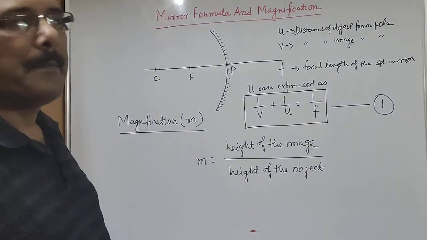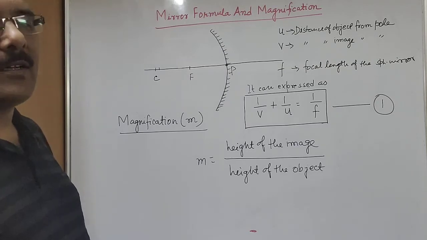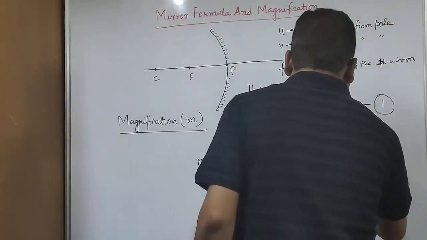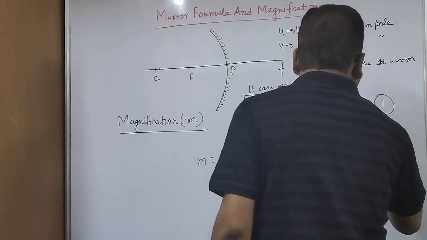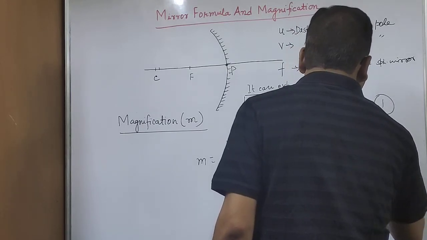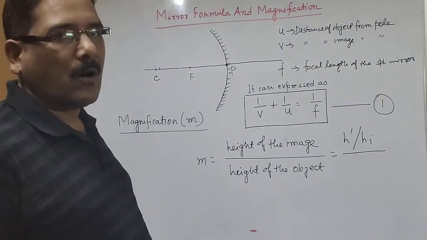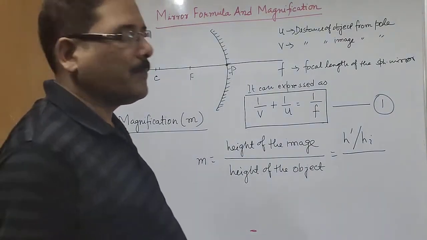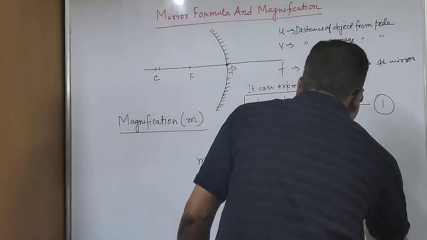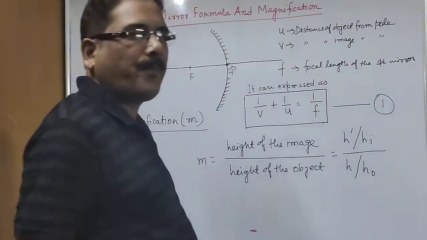What are the symbols? Height of the image may be either h dash or hi, whatever you want, you can use either. That's why I have given a slash. Height of the object we write h, or ho.